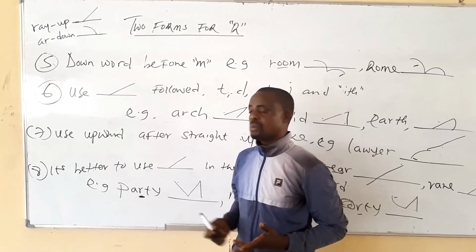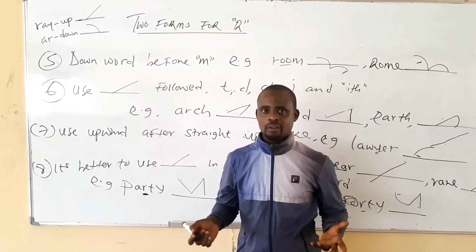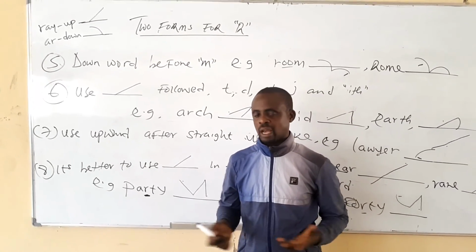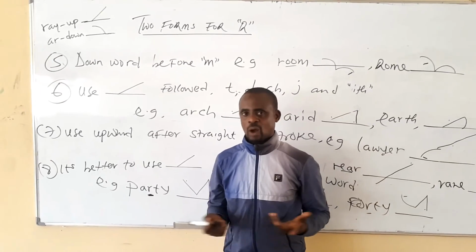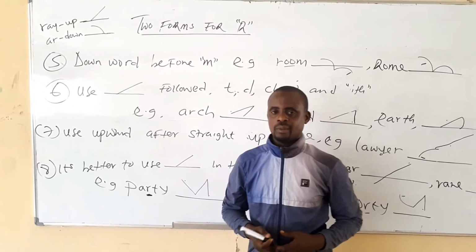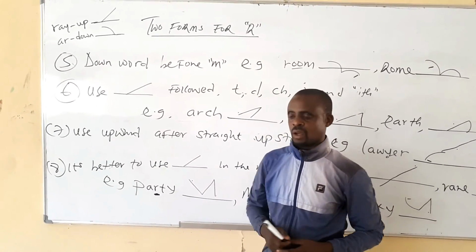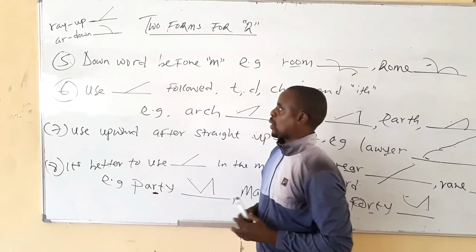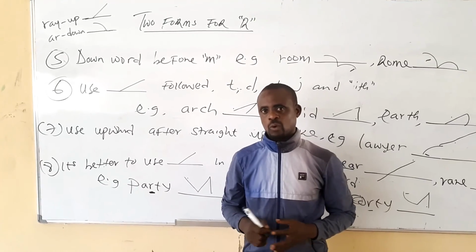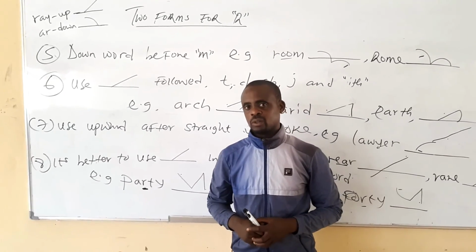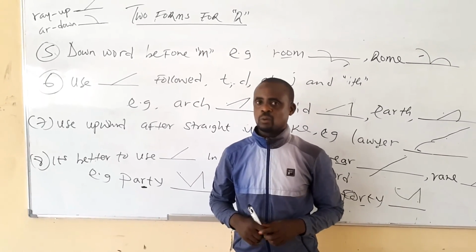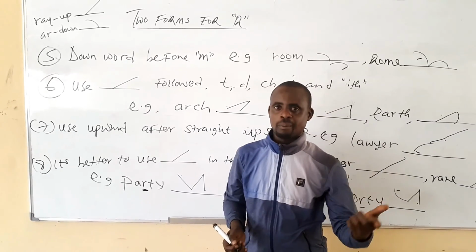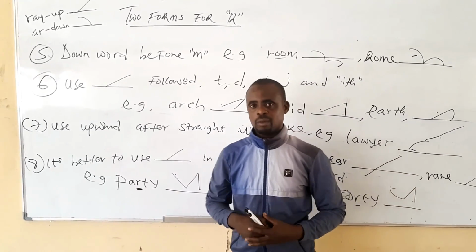But based on these principles, if you master them, you don't have any problems. So you will be able to write any outlines whenever you have the R, either downward R or upward R. Okay, thank you very much for watching. In the next tutorial we are going to discuss another two forms for H. We have H down, we have H up. Thank you very much for watching.